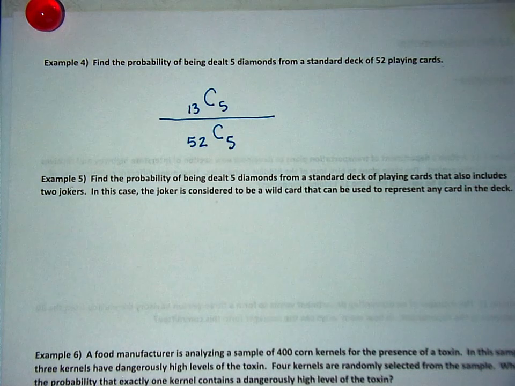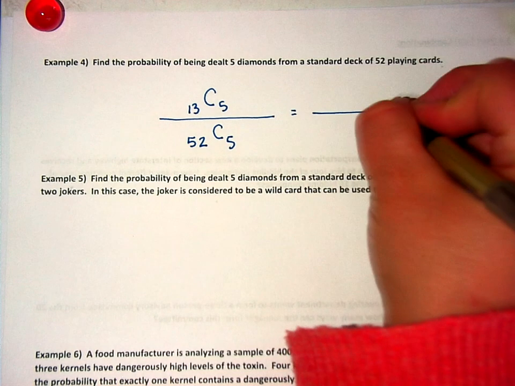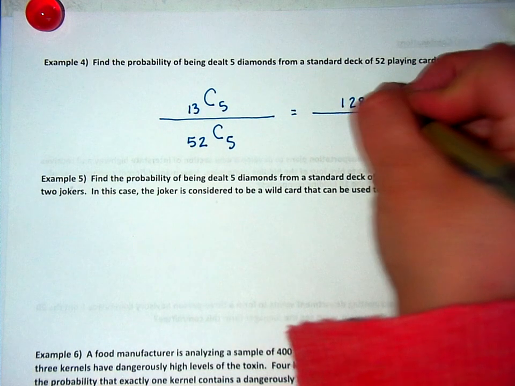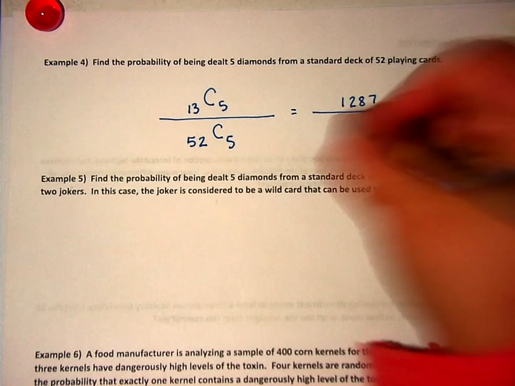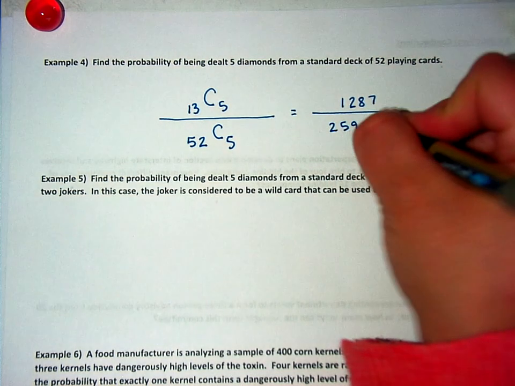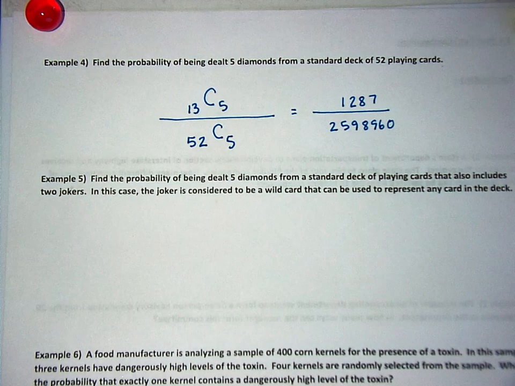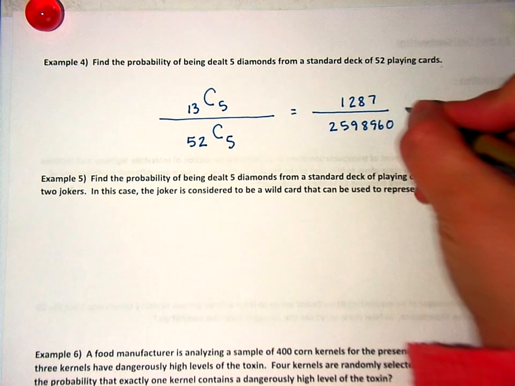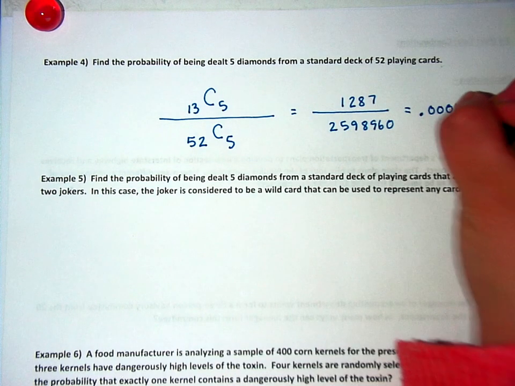All right, so now in your calculator, do 13 choose 5. I got 0.000495.